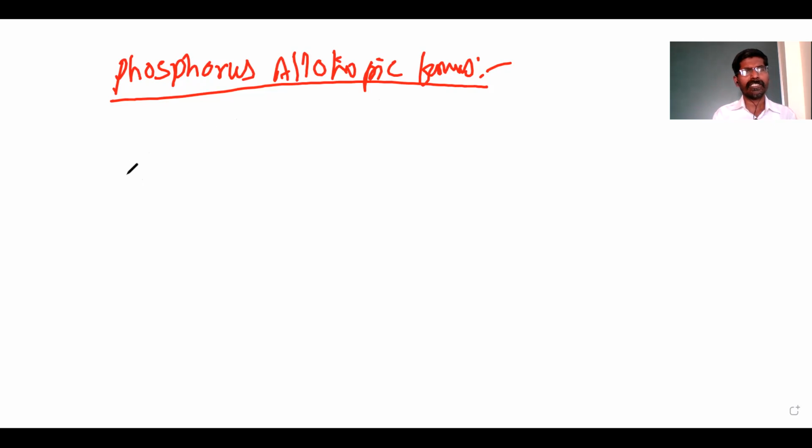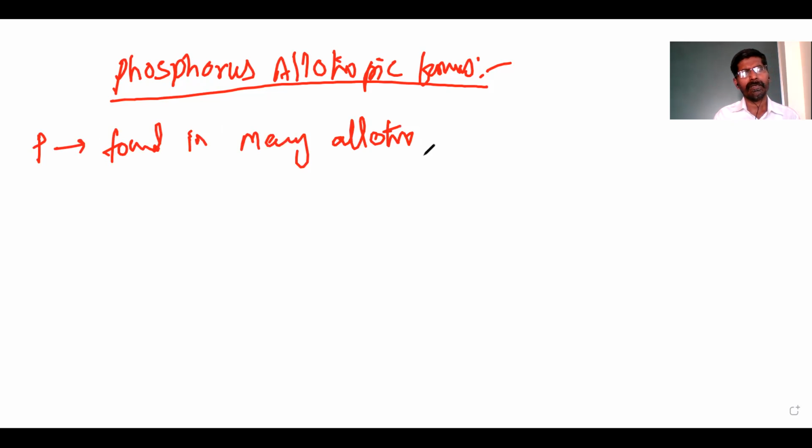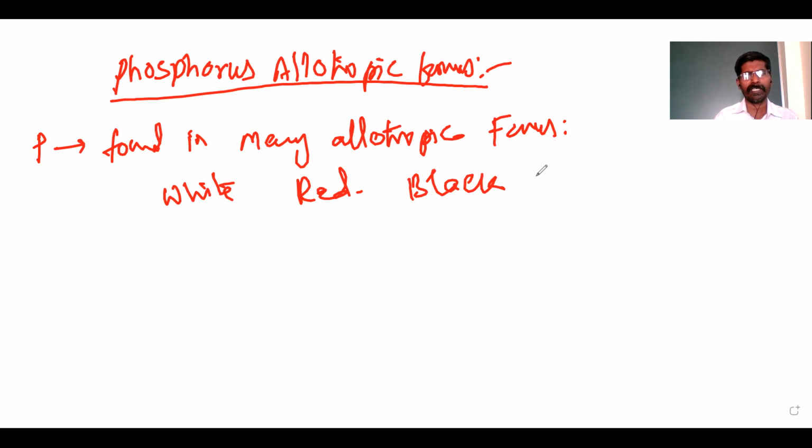Phosphorus is found in many allotropic forms. The first one is white phosphorus, the second one is red phosphorus, and the next one is black phosphorus.